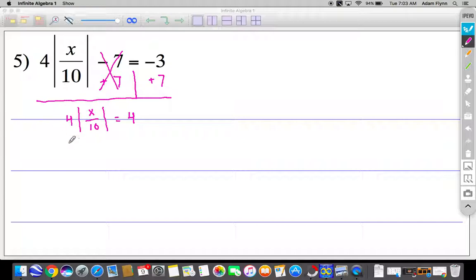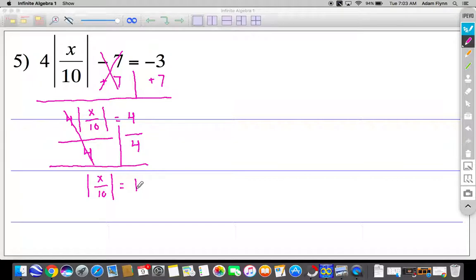Since this 4 is being multiplied, I will divide both sides by 4. So these 4's cancel. So I end up getting the absolute value of x over 10 equals 4 divided by 4, which is 1.